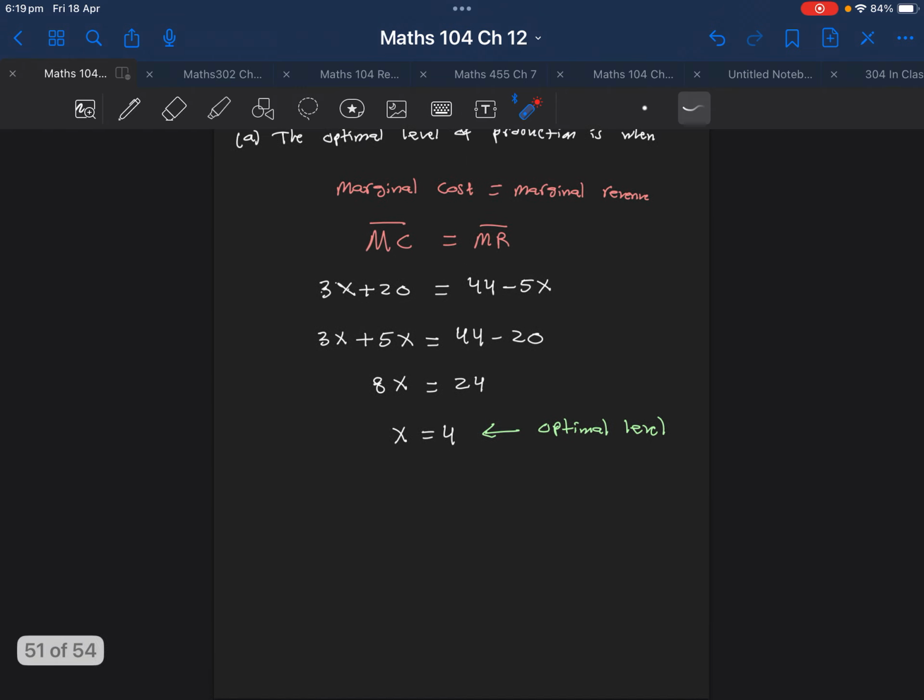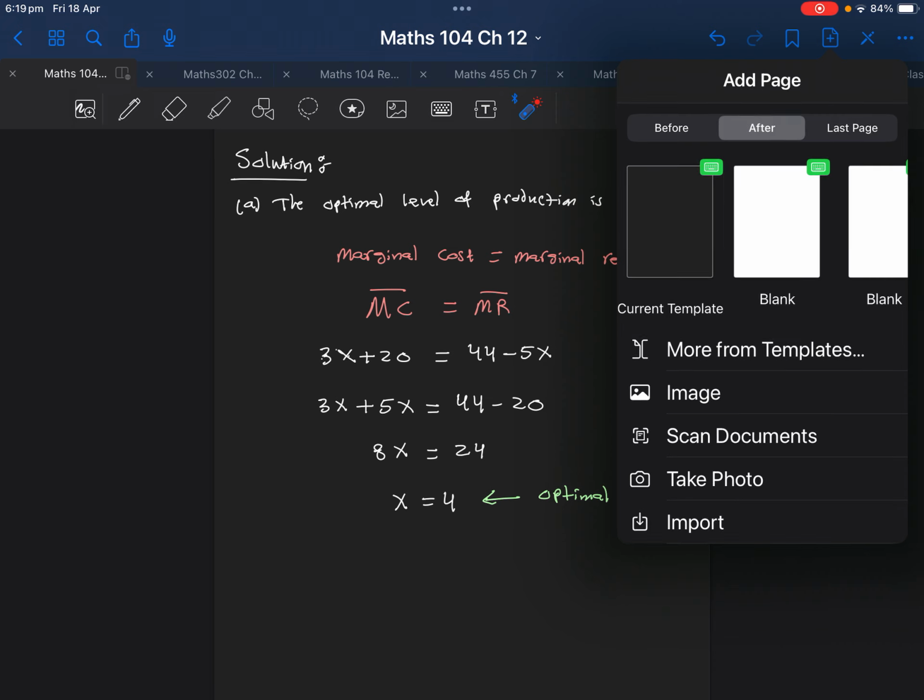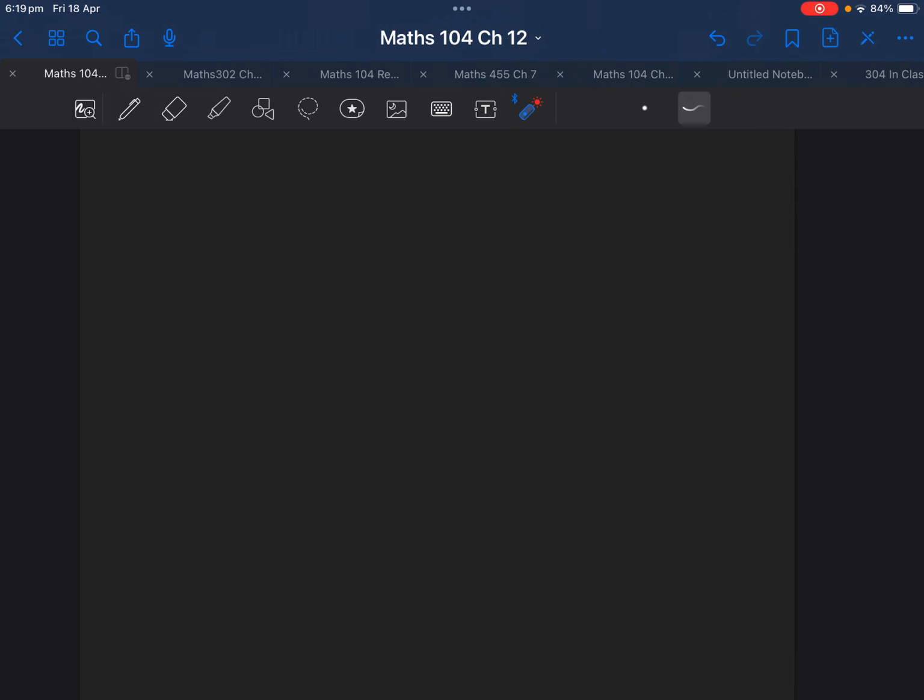Now, for the second part, we need to find the cost and we need to find the revenue in order to find the profit. So I go to the next page here. And we'll just do both of them.